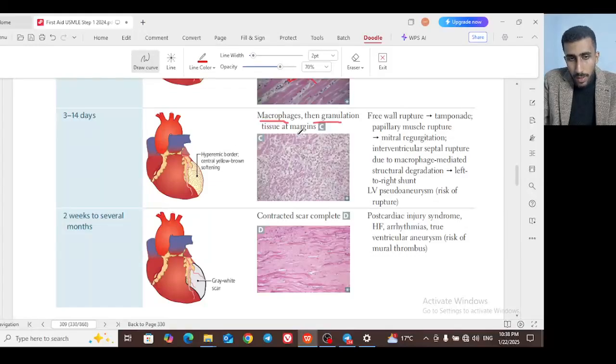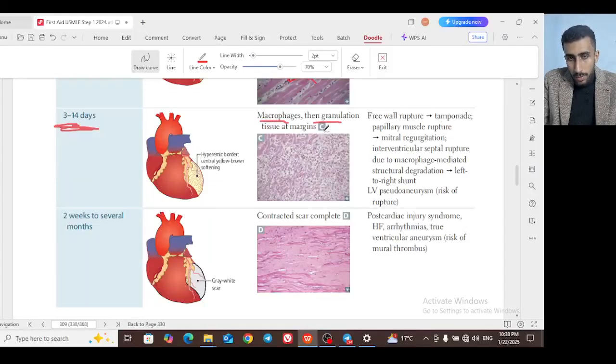So the gross appearance translates into the LM picture: the central yellow-brown softening due to macrophages, and the hyperemic border due to granulation tissue at the margin. This is from the 3rd to 14th day, the first 2 weeks after an MI.